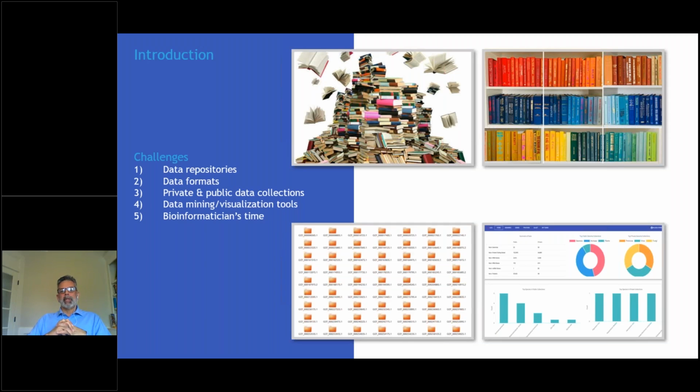So I wanted to encapsulate the challenge or the problem that we're facing in this space. If you look at the pictures at the top portion of the slide, the analogy we're going to draw is that genomics data is organized and structured like the pile of books on the left. Very disorganized.